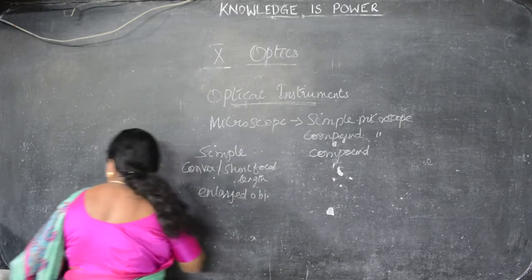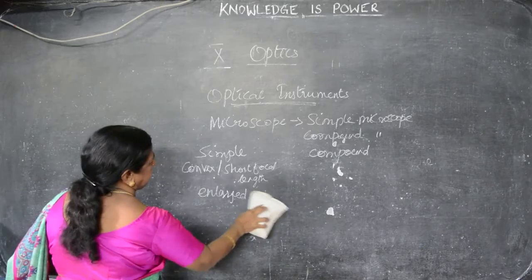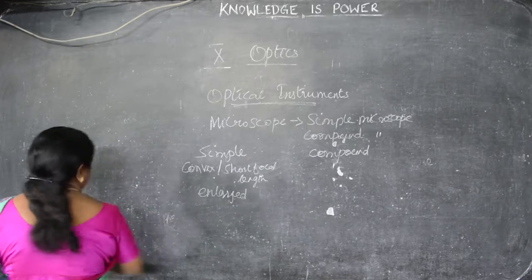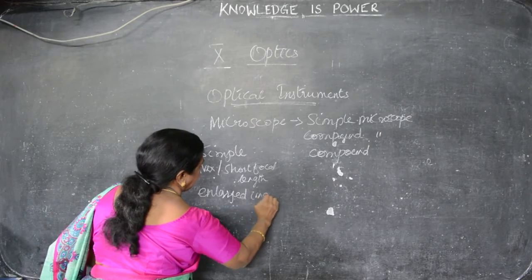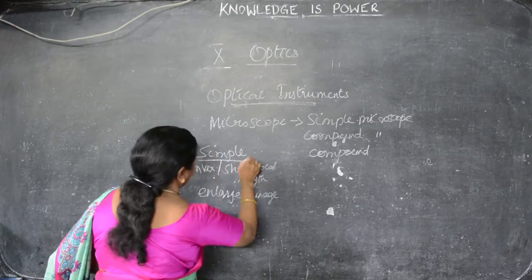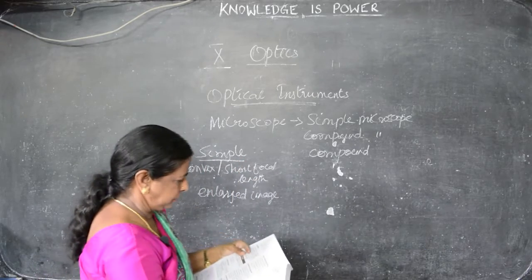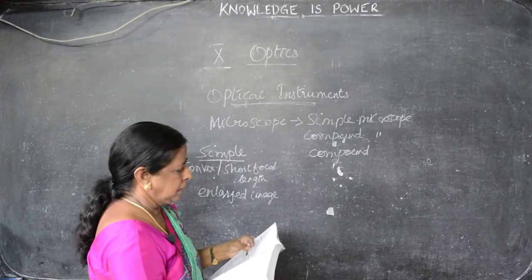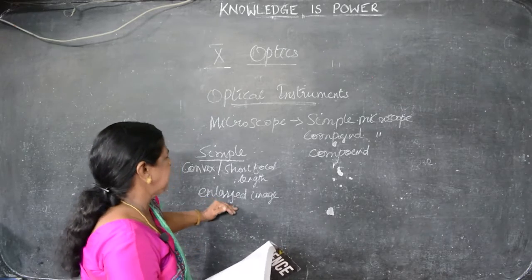We can get the enlarged image of the objects. The normal point is 25 centimeter.